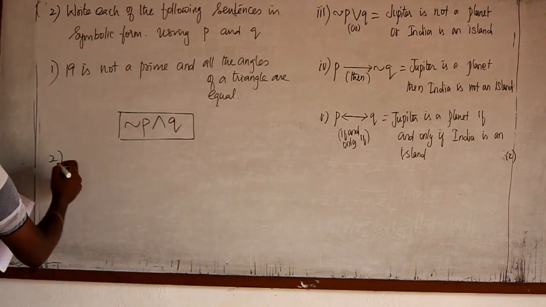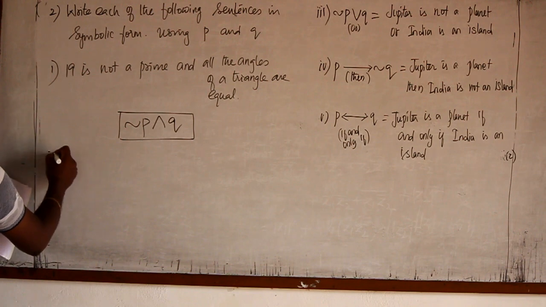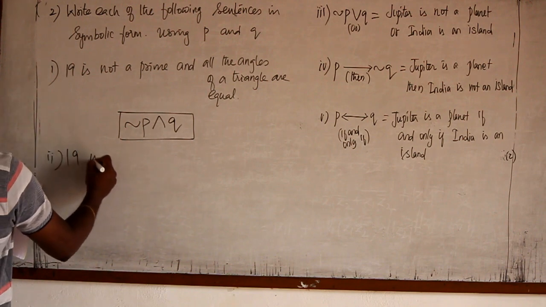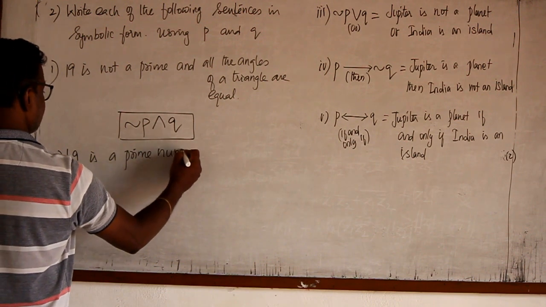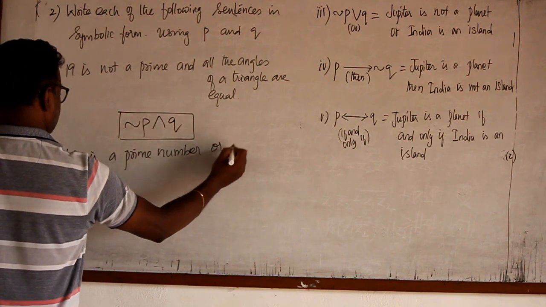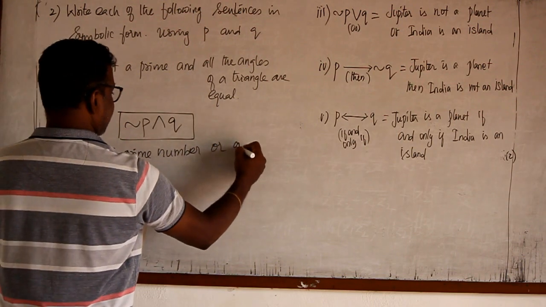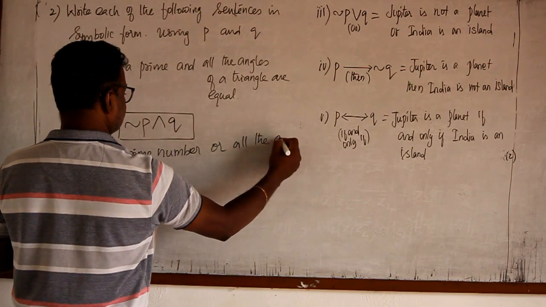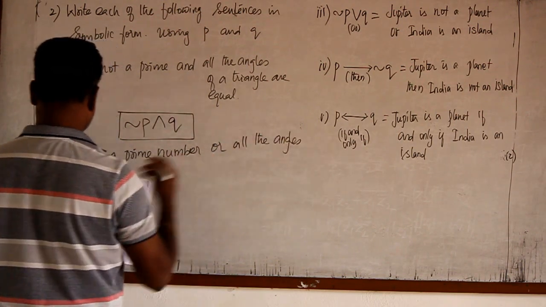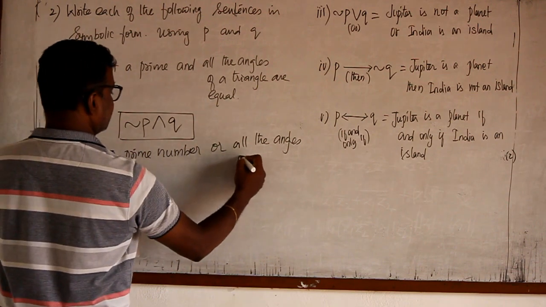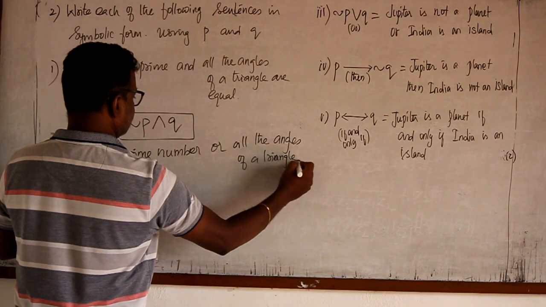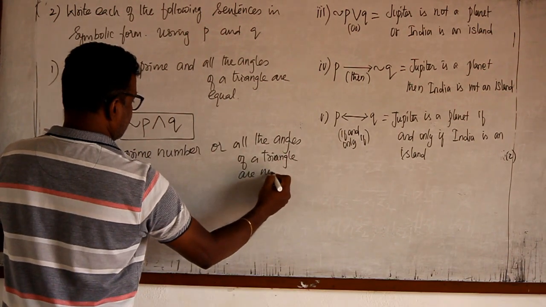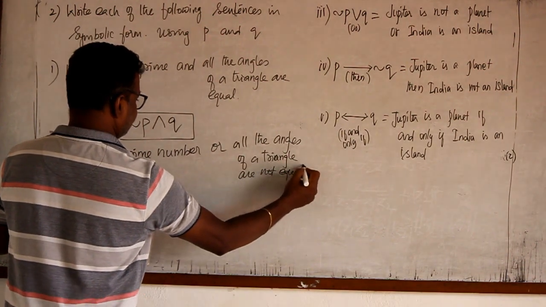Then second one. 19 is a prime number or all the angles of a triangle are not equal.